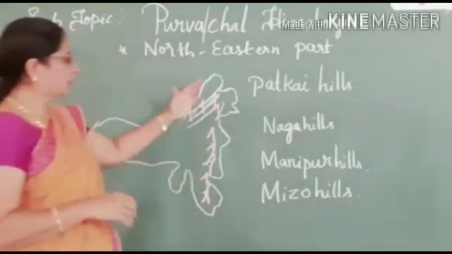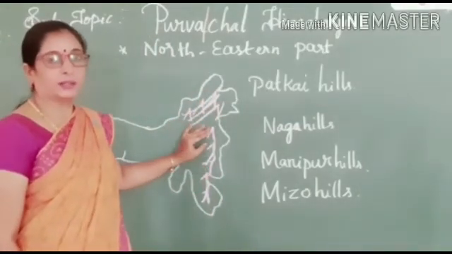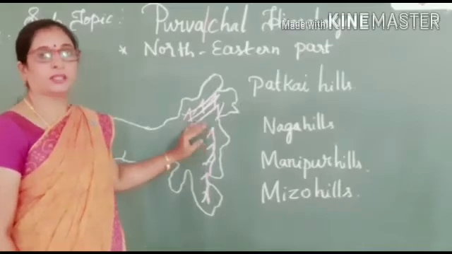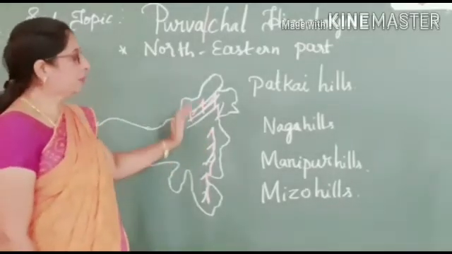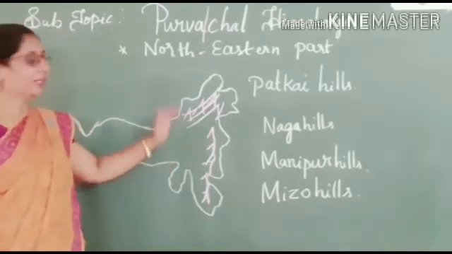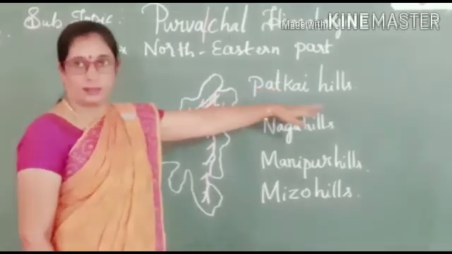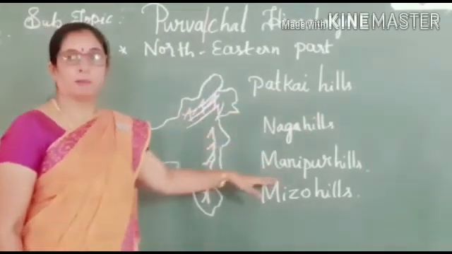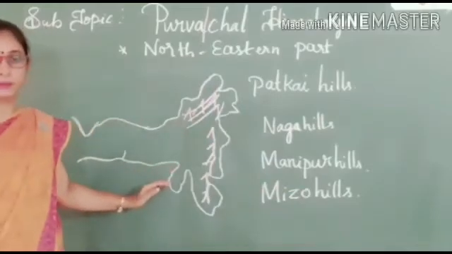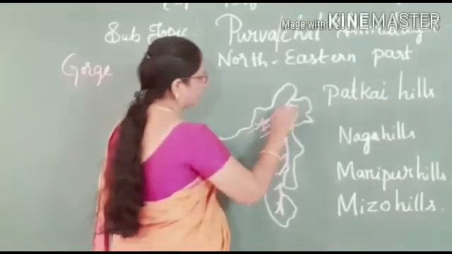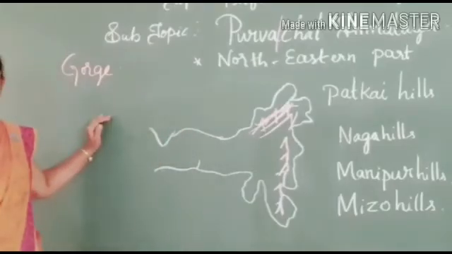Because of this, in this area we can see dense forest, and it gets high rainfall, and we can see beautiful hills, and it is also a hill station. We can see the Patkai hills, Naga hills, Manipur hills, Mizo hills in this area. And in this area we have the Dihang Ghat. What is a Ghat, children?